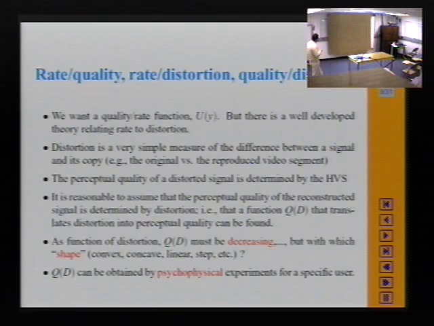Quality is determined by the human being. The perceptual quality of a distorted signal is determined by the human visual system. The human visual system is a very complicated system, and we cannot dream of reducing it to a simple mean square error formula. But the perceptual quality is somehow already embedded in the coding source code. I mean, they have that in mind. That way it's scalable, to some extent.